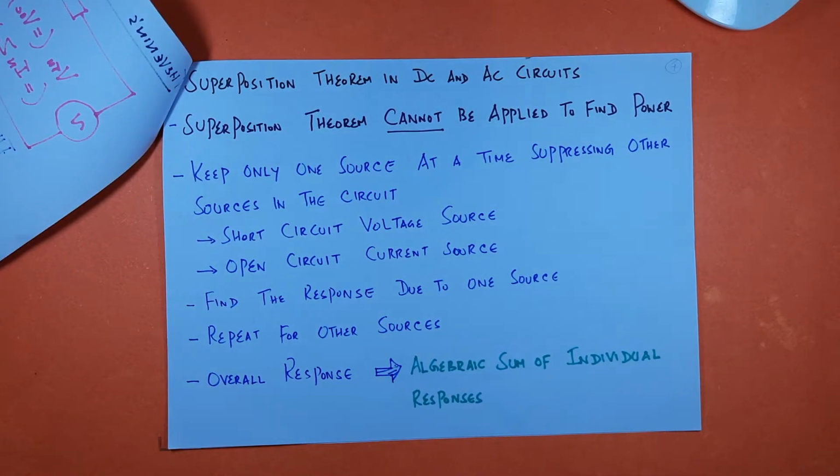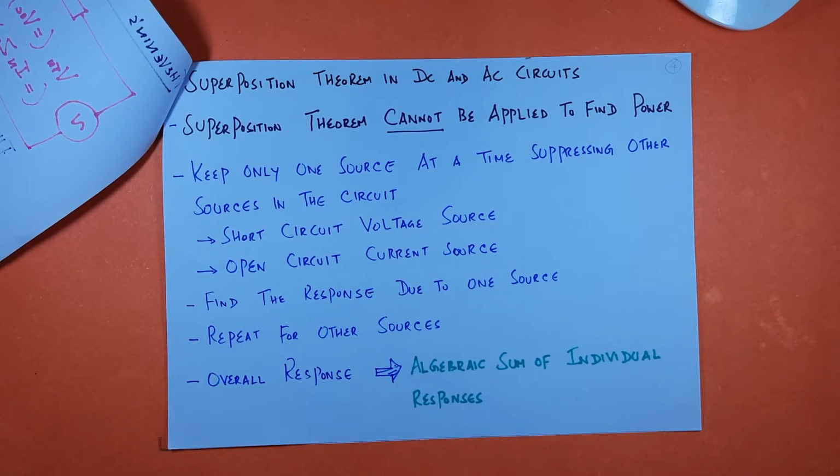Next we have superposition theorem in DC and AC circuits. The concept is the same. As I already told, superposition theorem cannot be applied to find power. This you have to keep in your mind. How to apply superposition theorem, whether in DC or in AC circuit, the procedure is almost the same.